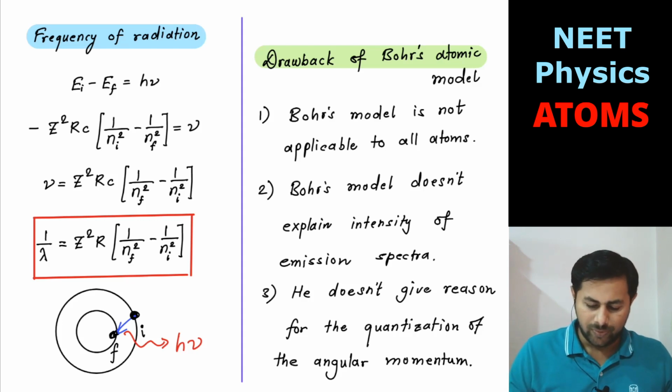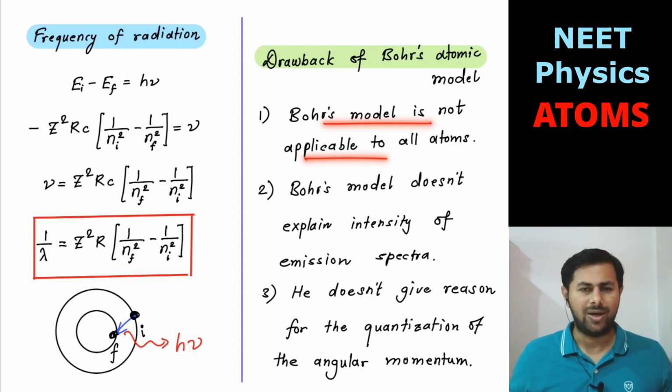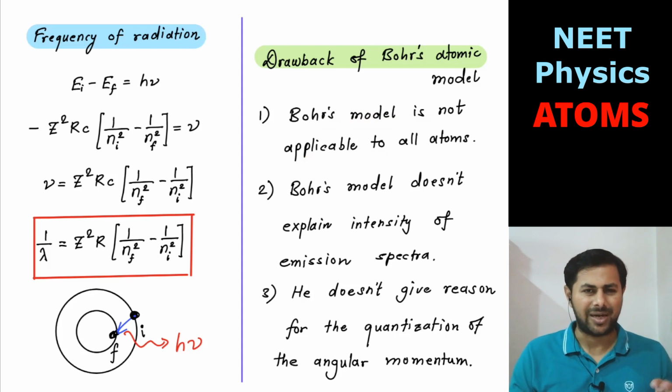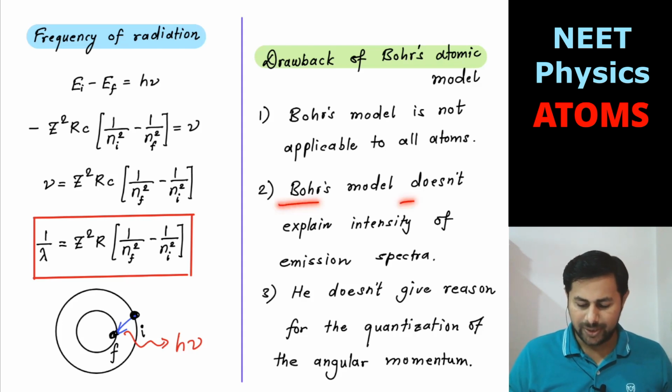Bohr's model is not applicable to all atoms. It's applicable to the hydrogen atom and hydrogen-like alkali atoms only, which have one electron in the outermost orbit. Bohr's model doesn't explain the intensity of emission spectra.